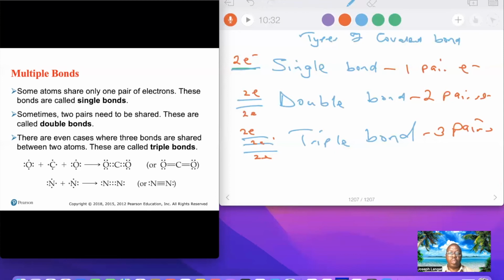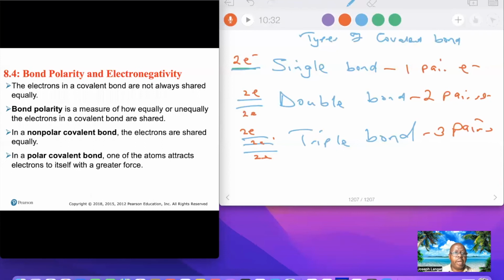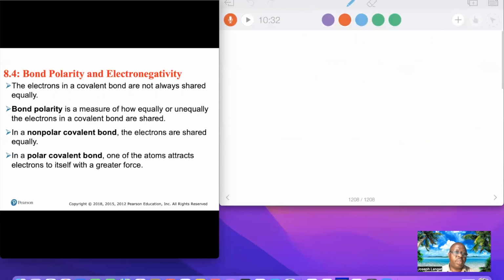So to achieve the octet rule, we form either a double bond or a triple bond. You see this clearly in 8.5 when we get to the Lewis structure for our compounds. So you should know the 3 types of bonds: single bond, double bond, and triple bond. How many electrons? There are 6 electrons in a triple bond, 4 electrons in a double bond, and 2 electrons in a single bond.